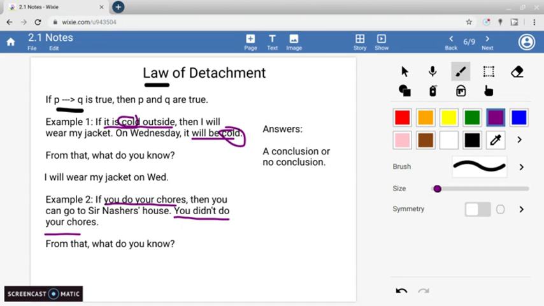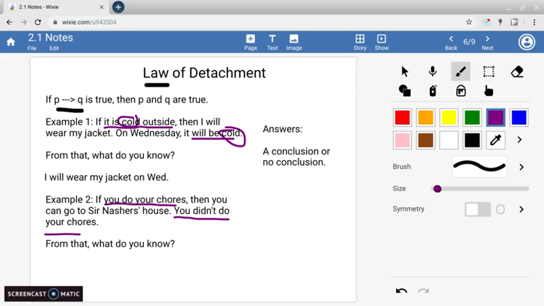But that doesn't necessarily mean that, because all we know from this sentence, just pretend like you don't know any possibility but what it says in here. You only know what will happen if you do your chores. It doesn't say what will happen if you don't. It didn't say if you don't do your chores, you won't go to Sir Nasher's house. It says that if you do, you will go to his house.